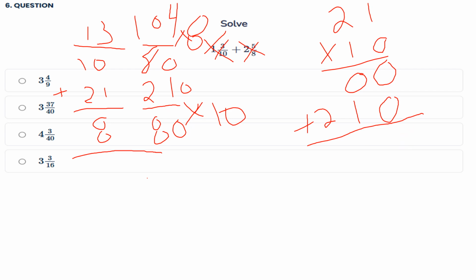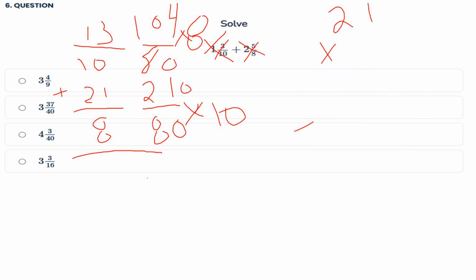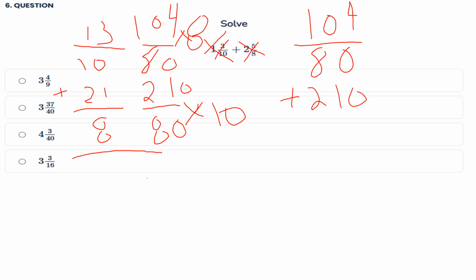And I'm going to erase that because we know what that number is. So now what we're looking at is 104 over 80 plus 210 over 80.